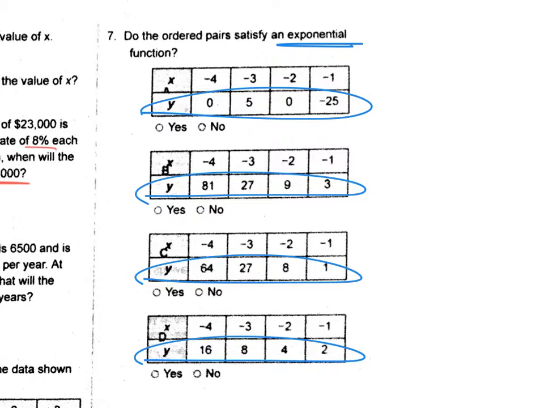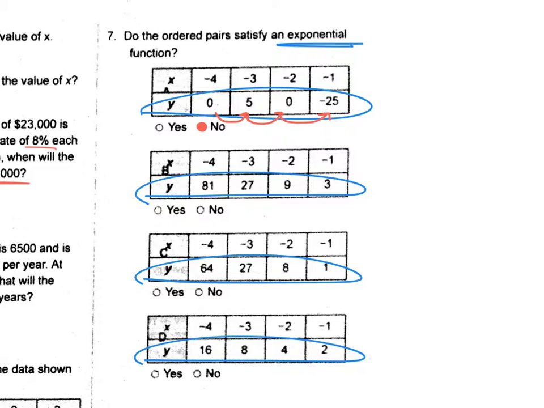Well, I can see in this first table, I am not multiplying or dividing by anything really. It's kind of jumping back and forth. And remember, none of these ever hit 0, so that definitely doesn't make any sense. So here I'm going to say no, this is not exponential.